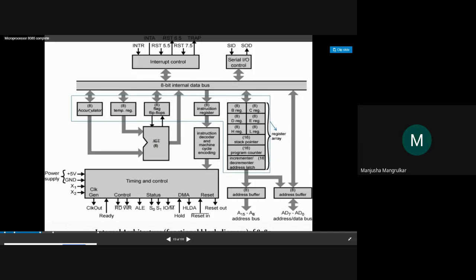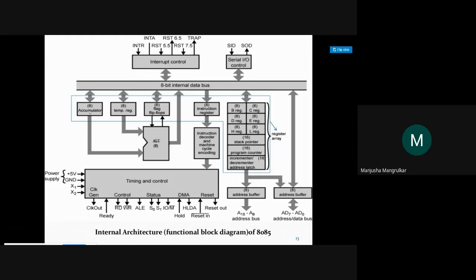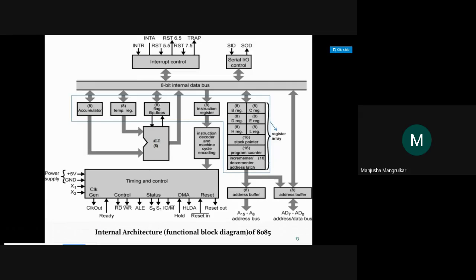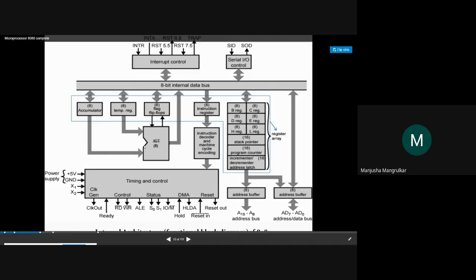It can be combined with the program status word, meaning the 8-bit accumulator plus the flag register. The flag gives the status. We'll see later on what a flag is. So it forms a 16-bit register, right? Whenever the processor performs an operation in the arithmetic and logic unit, one data has to be in the accumulator, so it operates with the accumulator.